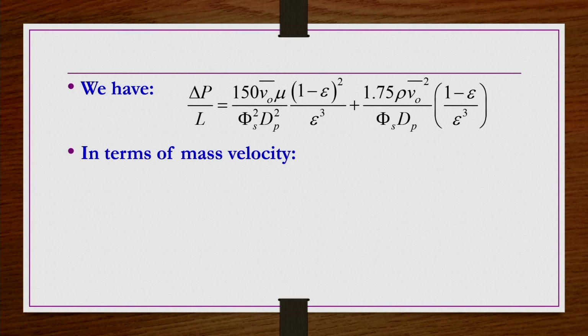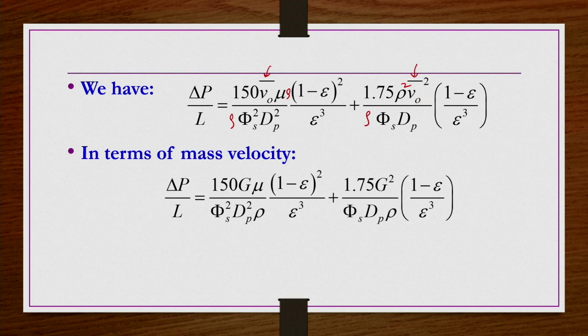Here also V naught bar is not known, and both terms have V naught bar. So, wherever V naught bar is there, we multiply by density, so that we have rho V naught bar as G, and then rho square, and you have rho here, so that here you have G square. In the second term you also have G square.